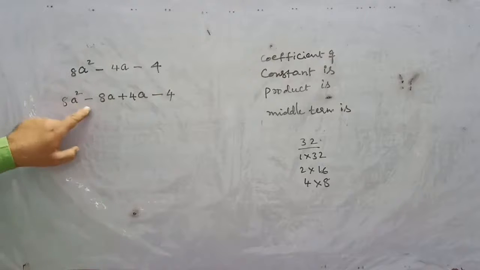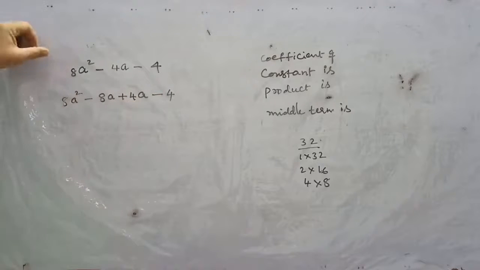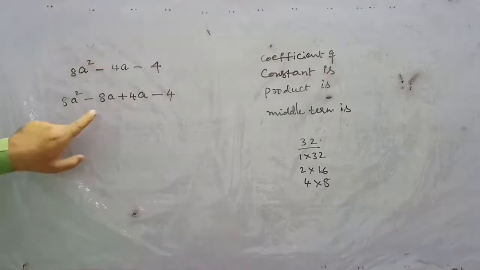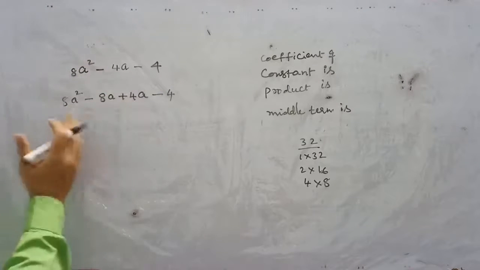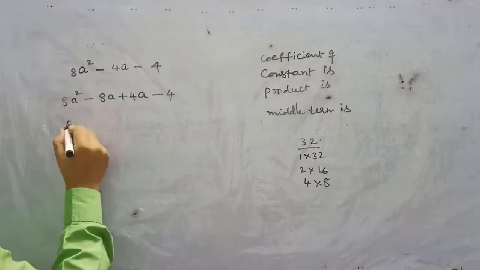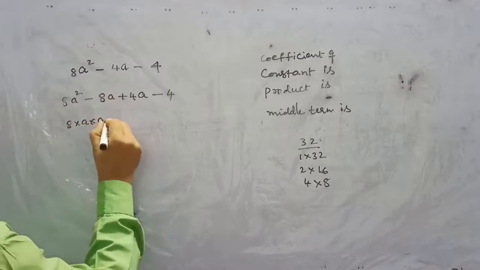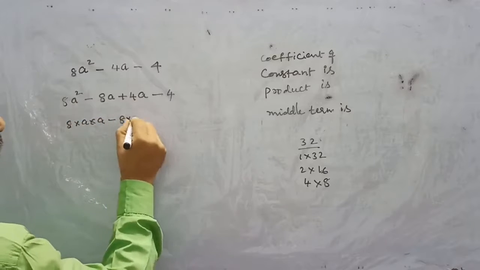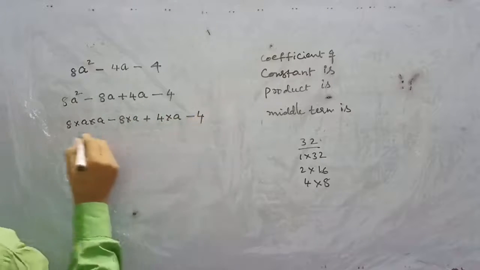Now minus into plus, minus 8 4s are 32. Minus 8a plus 4a is minus 4a. Now the factors will change. 8a square can be written as 8 into a into a, minus 8 into a, plus 4 into a, minus 4.